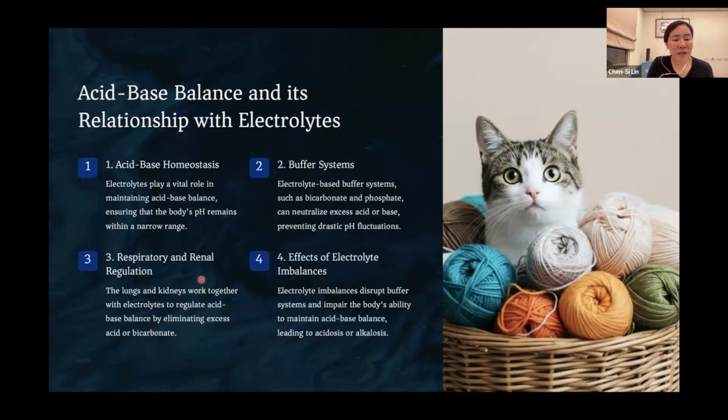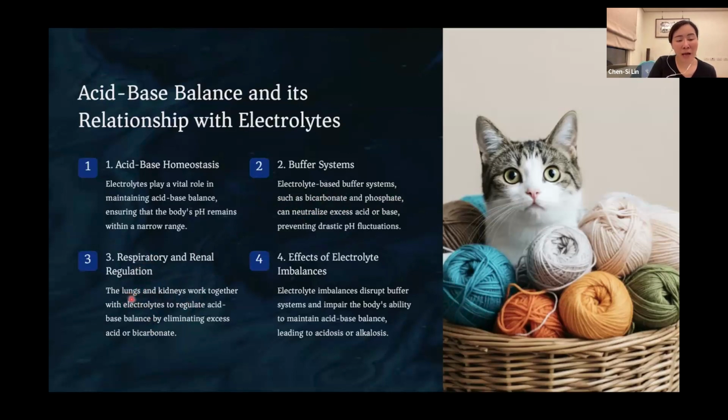And for the normal pH value maintenance, except for the bicarbonate and phosphate, these two kinds of electrolytes, we also rely on the lung, the respiratory system, and the kidney, the renal system.